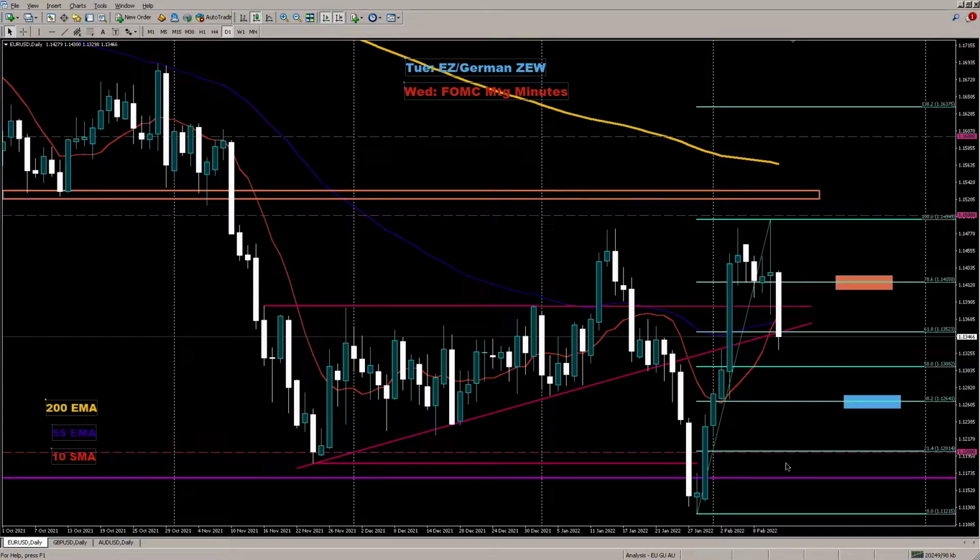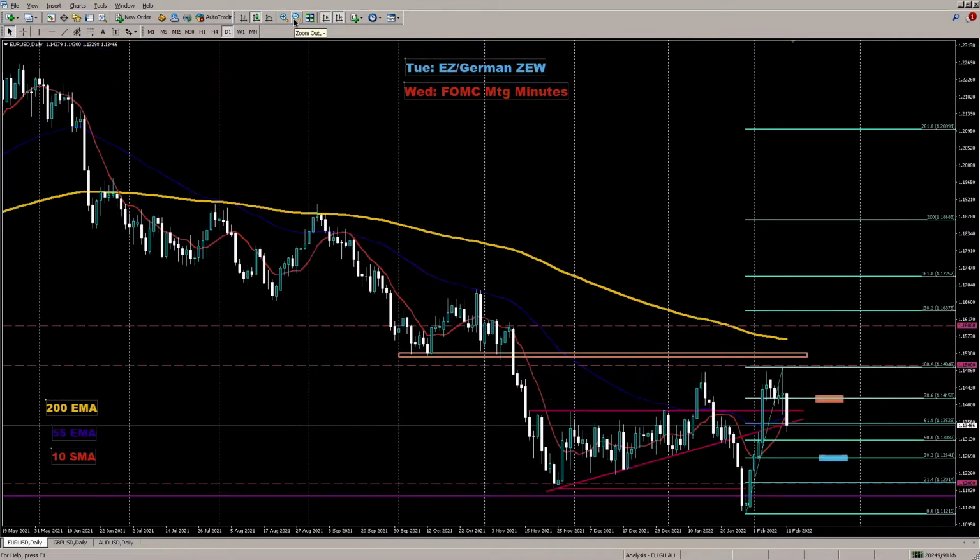And below the support, there's the 76 retracement, which is at the 112.00. So that's another significant support level, which is near this swing low, which we can see here.